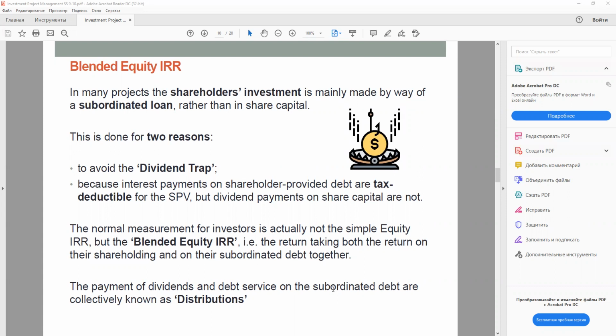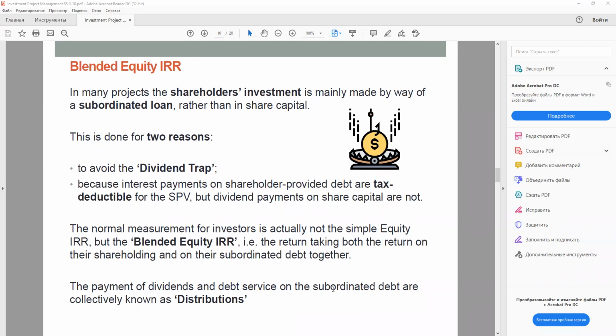This is done for two reasons. First, to avoid the dividend gap, and second, because interest payments on the shareholder-provided debt are tax deductible for the project company, whereas dividend payments on share capital are not. So the normal measurement for investors is actually not a simple equity IRR, but the blended equity IRR.